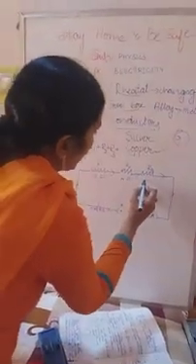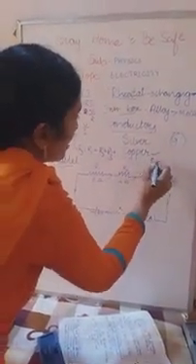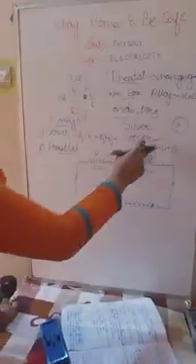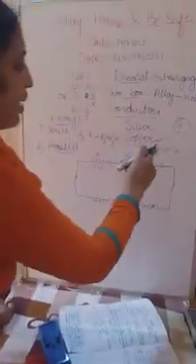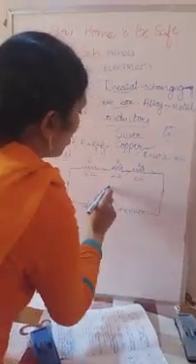And if R3 is 3 ohm, the total resistance is 8 plus 4 plus 3. 8 plus 4 is 12. 12 plus 3 is 15 ohm. So the total resistance of this circuit is 15 ohm. Like that we can calculate the total resistance of the circuit in series arrangement.